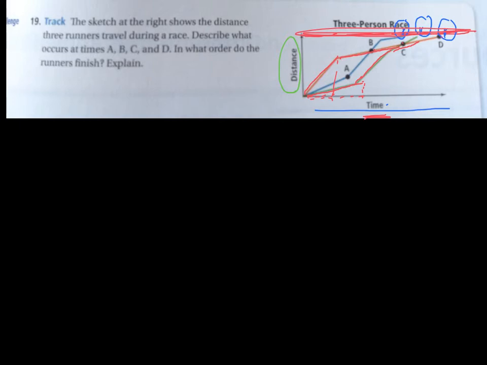So what's happening at point A? Well, at point A, red has had a fast start, blue is a little bit faster, and green is a little bit slower, right? But there's no intersection at this point. So that's how you would explain the graphs.